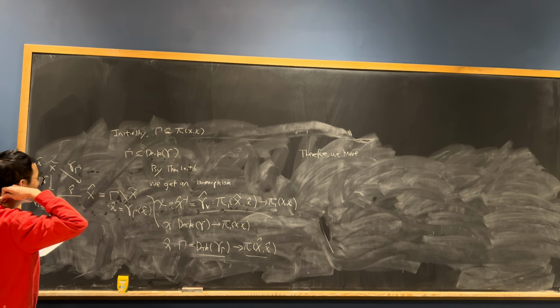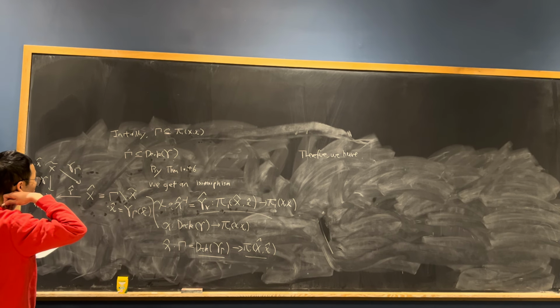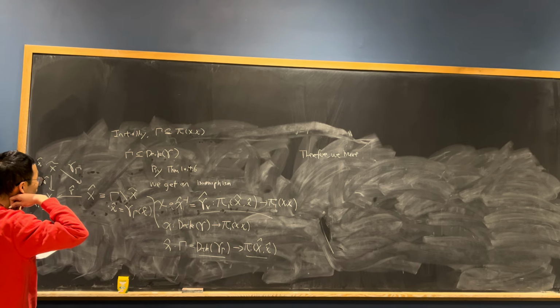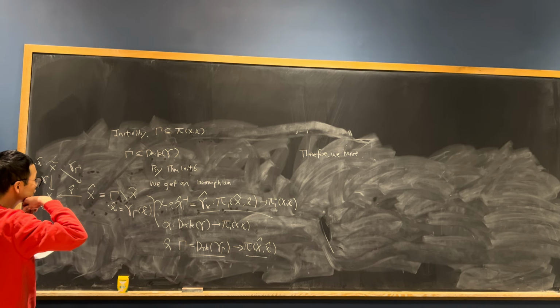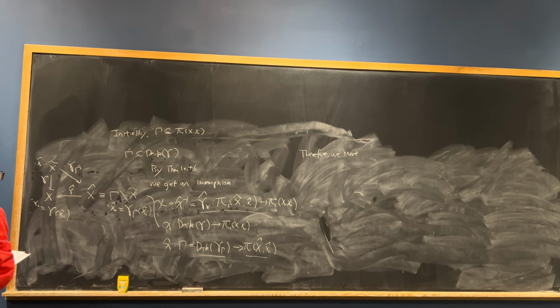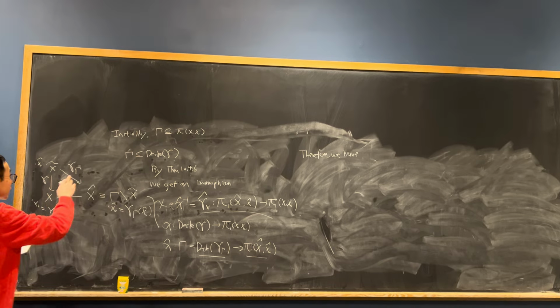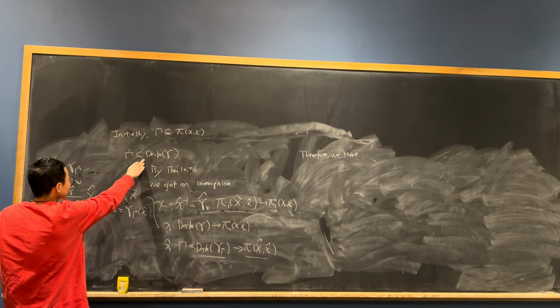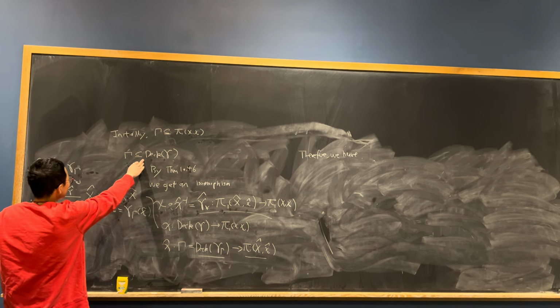So now it becomes a subgroup of the group of deck transformations. So we realize this gamma as a subgroup of the group of deck transformations of this covering.